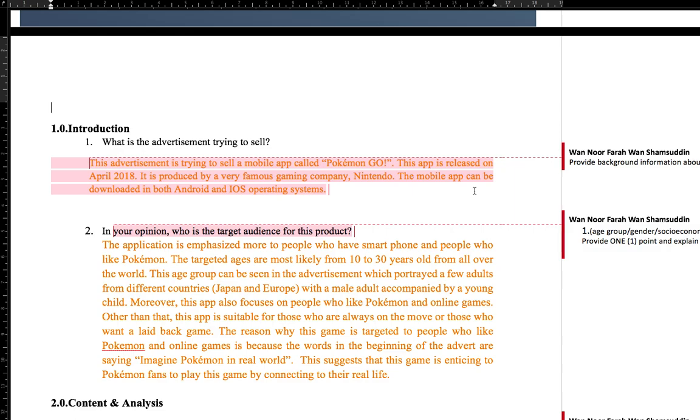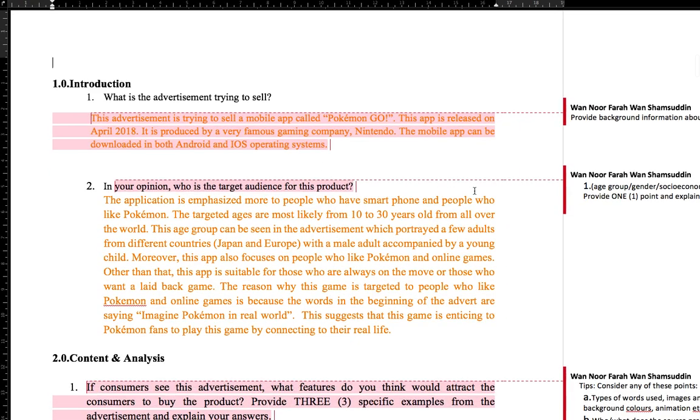The targeted age are between 10 to 30 years old all over the world, and this age group can be seen in the advertisement, which portrayed a few adults from different countries, mainly Japan and Europe, with a male adult accompanied by a young child. Moreover, this app also focuses on people who like Pokemon and online games. Other than that, this app is suitable for those who are on the move and who want a laid-back game.